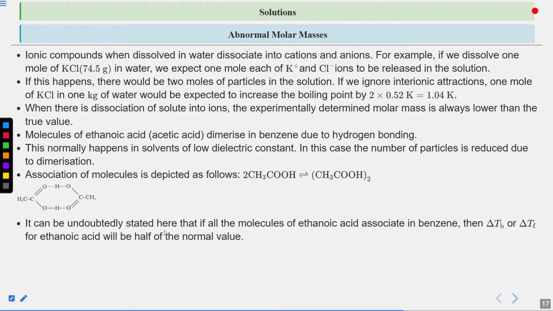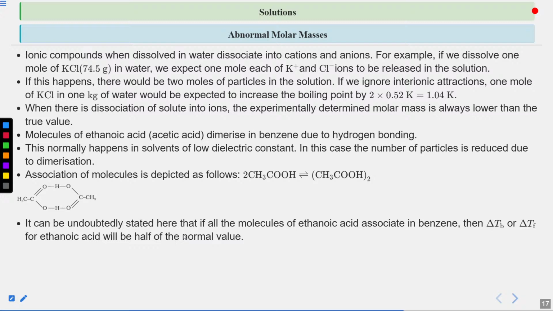Now, it can be said undoubtedly that if this association or dissociation will happen, then delta Tb and delta Tf will change. Like in this case where there is association, the value that we will get will be half of the original value.